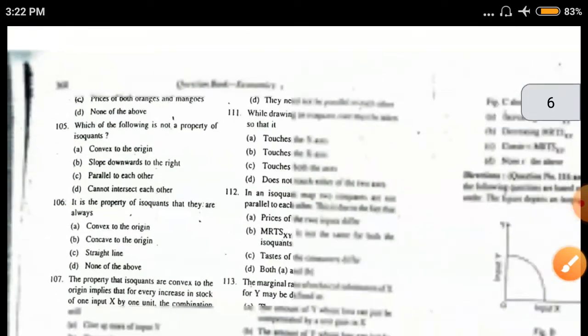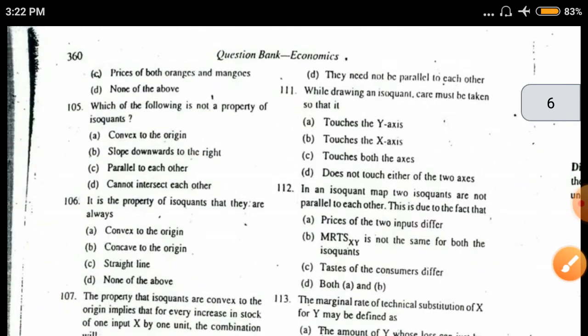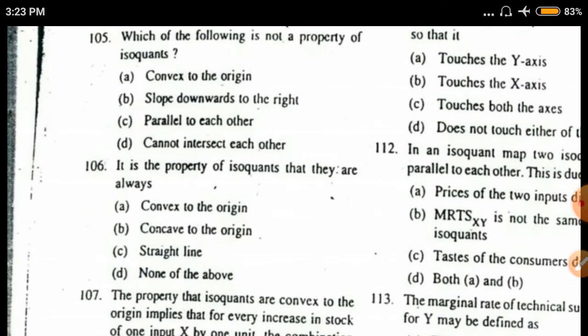Question number 105. Which of the following is not a property of isoquant? So isoquants parallel to each other is not a property of isoquants. Then question number 106. It is the property of isoquants that they are always convex to the origin.